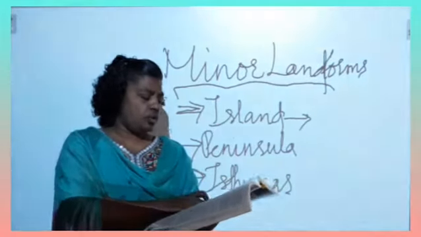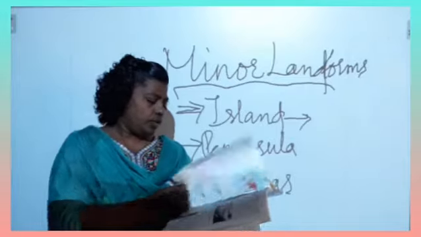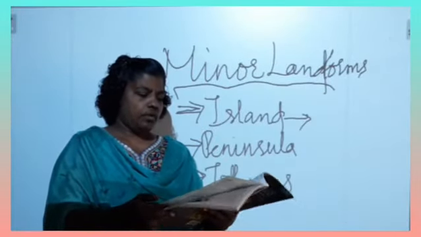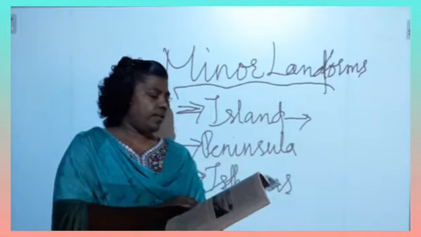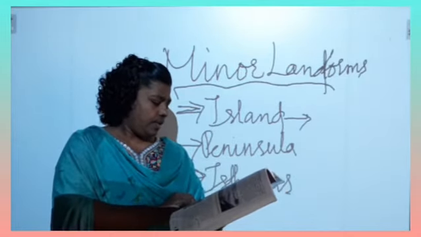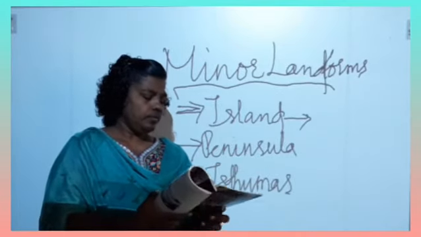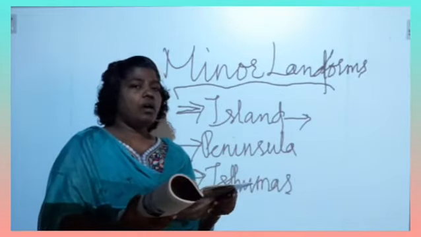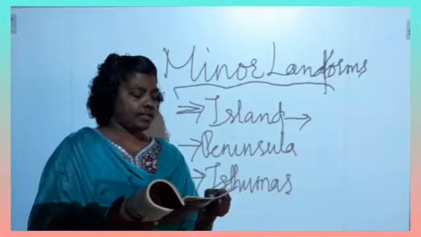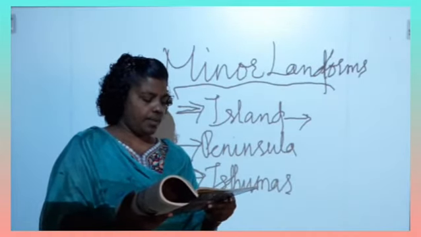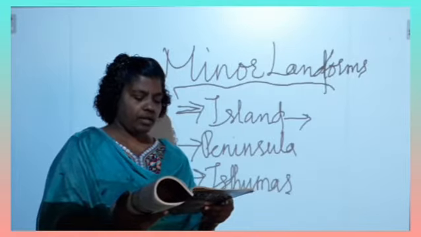Now turn your book to page number 28. You can mark all the names of the continents like Asia, Africa, North America, South America, Antarctica, Europe and Australia.